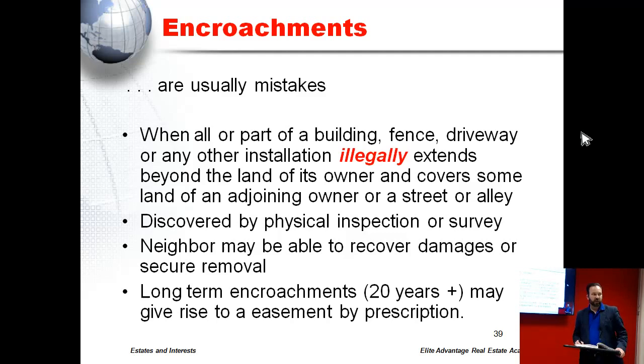But encroachments are when all or part of a building, fence, driveway, or any other installation is illegally extending beyond the land of its owner and covers some land of the adjoining property, street, or alley. That's what it's defined as, and discovered, of course, by a physical inspection, mostly by a survey.